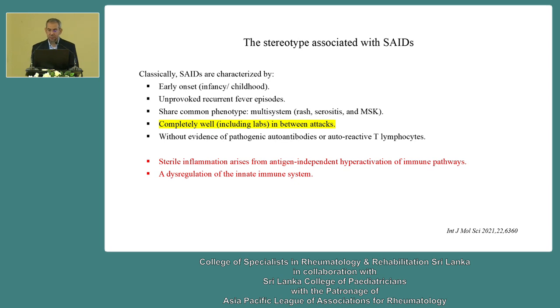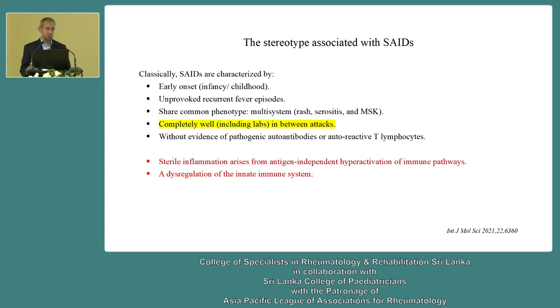Saying that, there is a stereotype about autoinflammatory disease, and that's what we teach our students. This is the classic stereotype of systemic autoinflammatory disease. Early onset: you may see these cases in infancy or childhood.